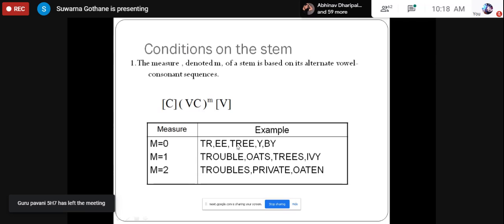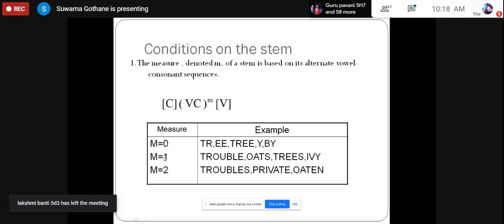Again here the vowel is there, but after that a consonant is not there. We don't have any vowel here, so that's why m equals 0. We did not find any combination of vowel and consonant used together in any of the words in this row. Just after the vowel, a consonant is not used. That's why we say m equals 0.